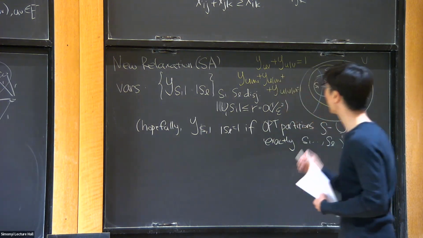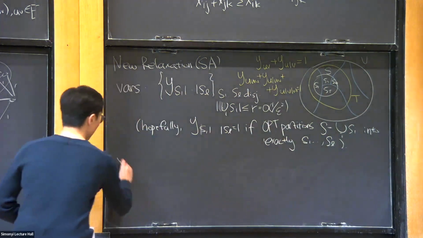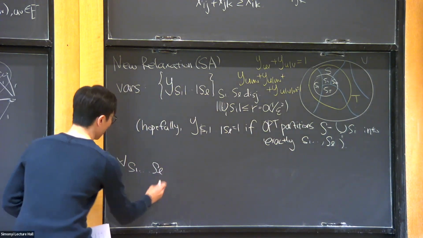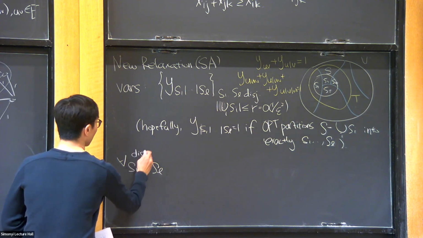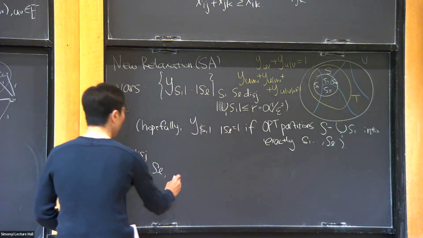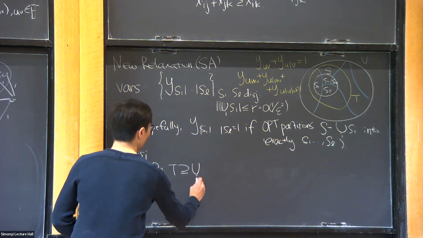Okay, so then the constraint that we're going to write down is that for any S1 through SL, again disjoint, and their unit size is 4, and then for any T containing the union over these.